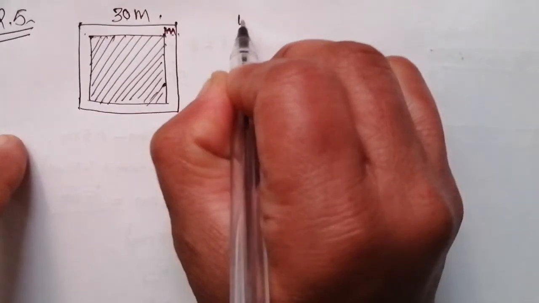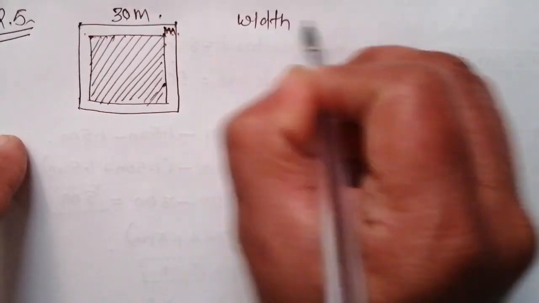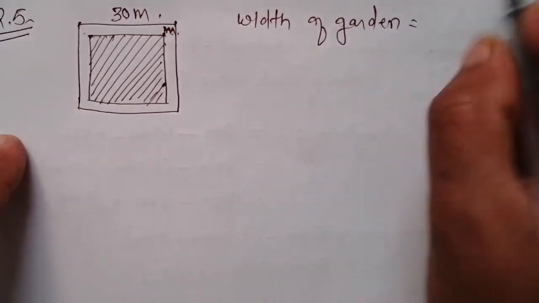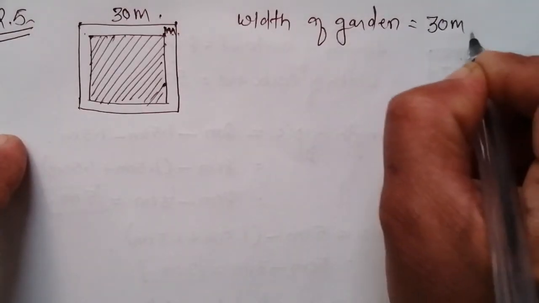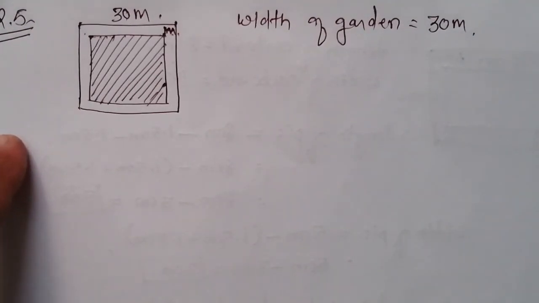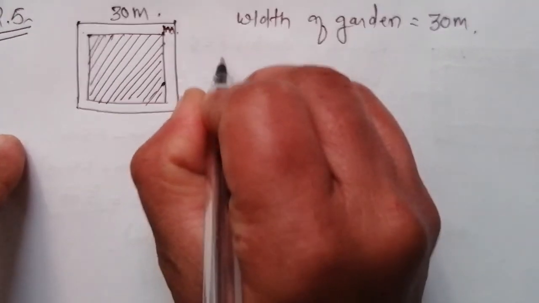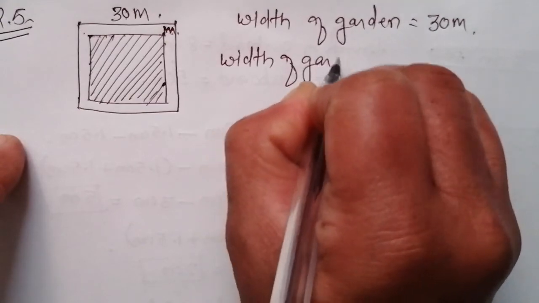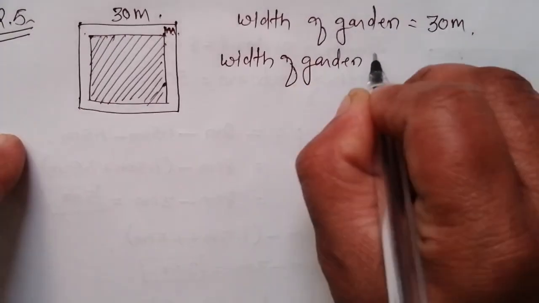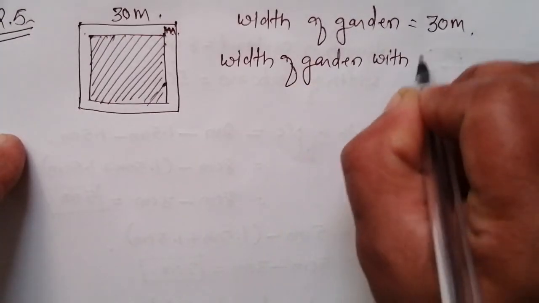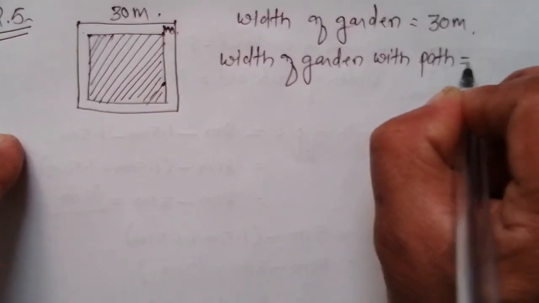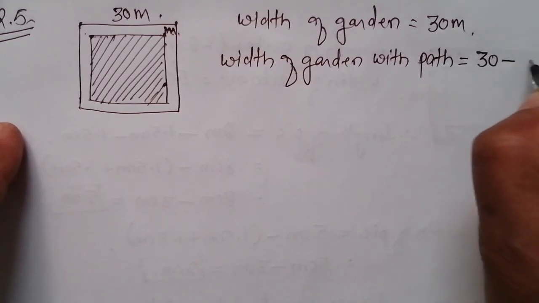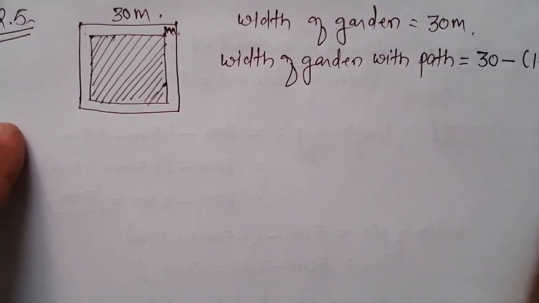So first of all, the width of the garden is equal to 30 meter, right? And the width of the square garden without path, since the path is inside, is 30 meter minus 1 plus 1, right?